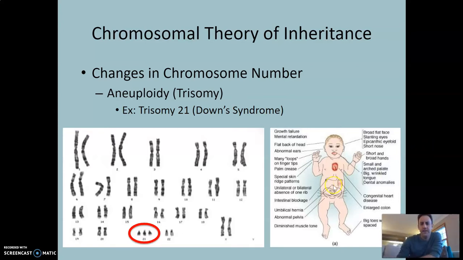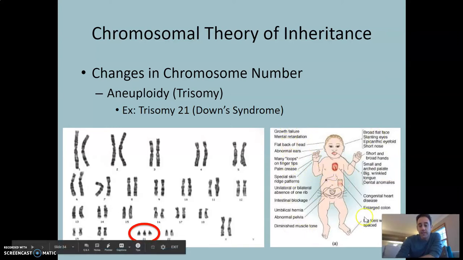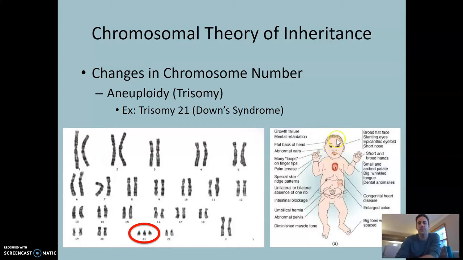And then over here on this diagram, you can see all of the consequences of trisomy 21. You certainly don't need to memorize all of these, but you can see that they're pretty significant. There's significant mental retardation. Brain development does not happen typically. There are some physical features of a broad, flat face, slanting eyes, short nose.